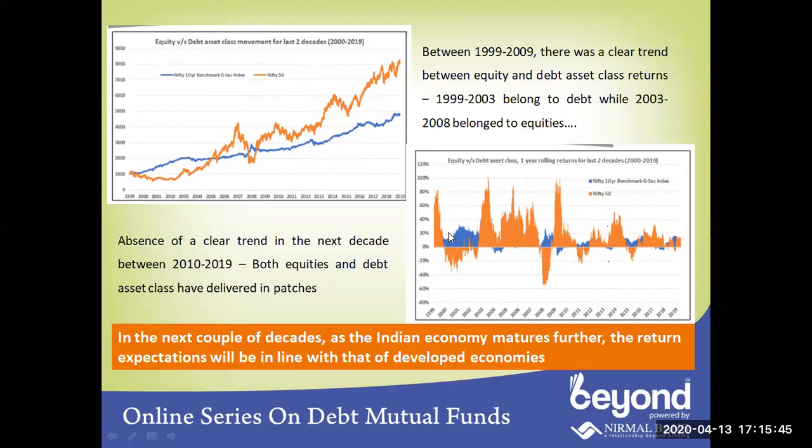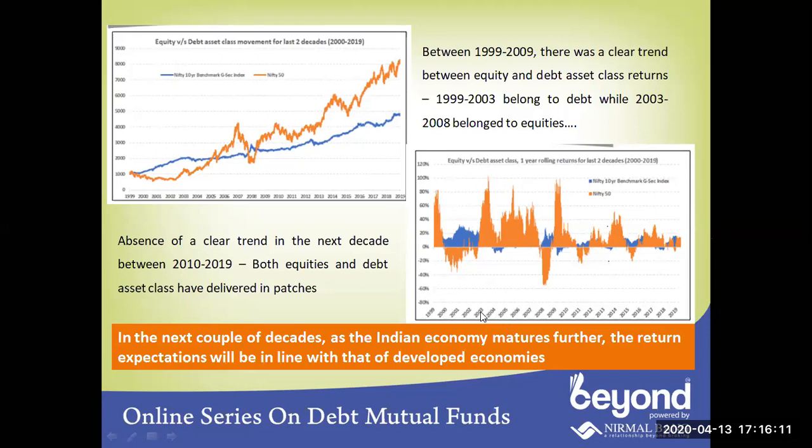In this chart, the thing is very clear. From 1999 to 2003, you can see the 10-year GSEC, the blue line, was clearly outperforming the equity market.